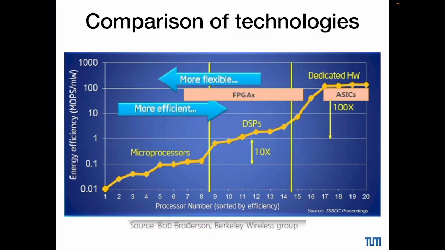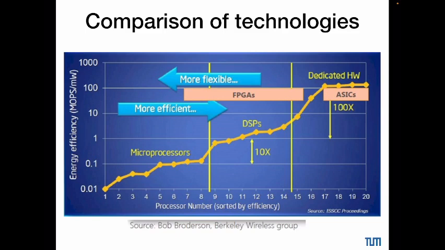We can see that with the microprocessors, we are on the lower end of the energy efficiency. Then we have DSPs, digital signal processors, still very specialized processors for encoding videos, audio. And then we have the ASICs, special purpose hardware.